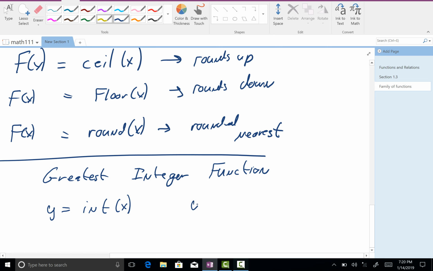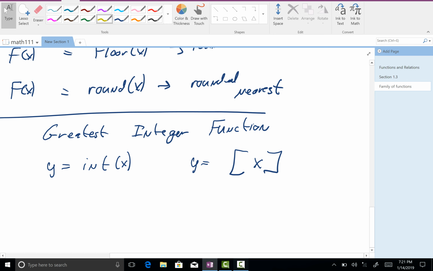I've also seen it written like this. Both ways. This book uses the INT. And this is very, very similar to floor.